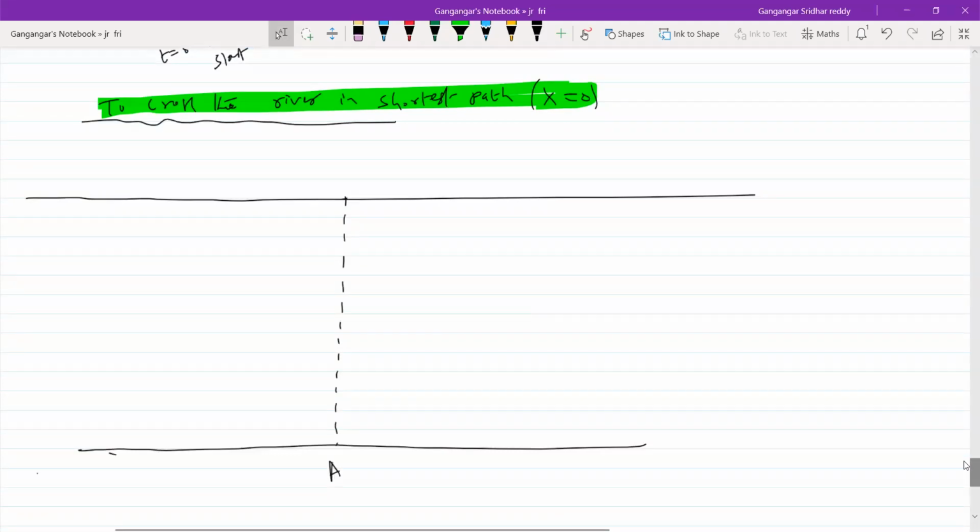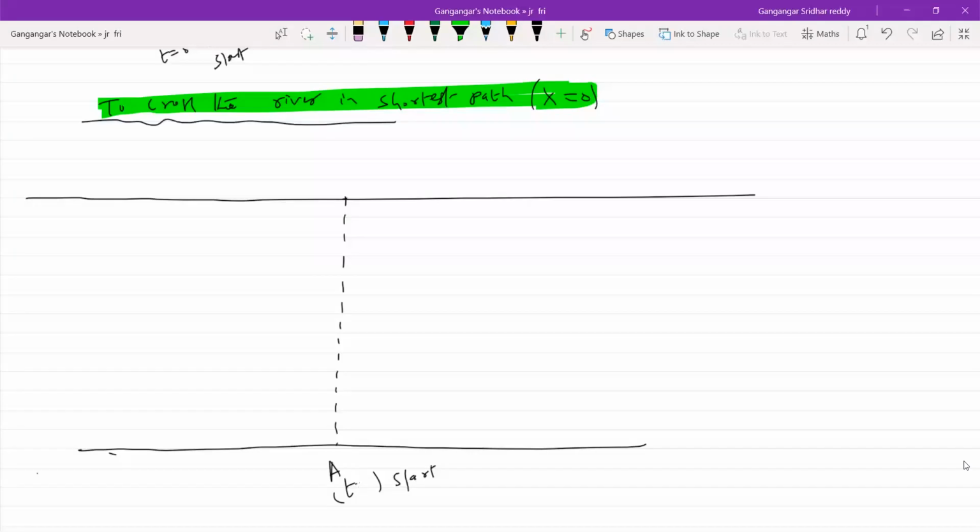At t equals 0, you'll start at A. He has to reach exactly a point on the opposite bank. This should be the end point. So there's a river current, and there's the width of the river.